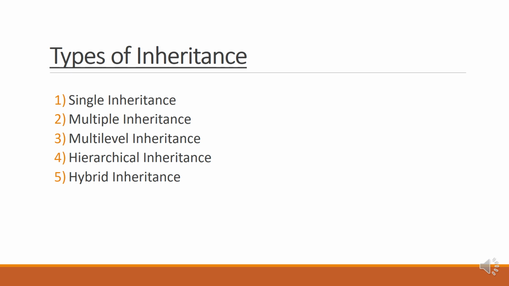Types of inheritance. It is categorized into the following types: single inheritance, multiple inheritance, multi-level inheritance, hierarchical inheritance, and hybrid inheritance. Let us quickly see what each one of these is.